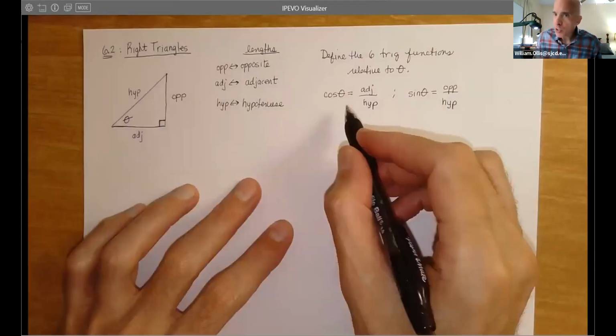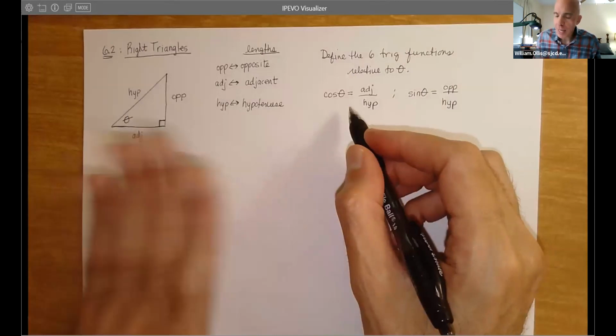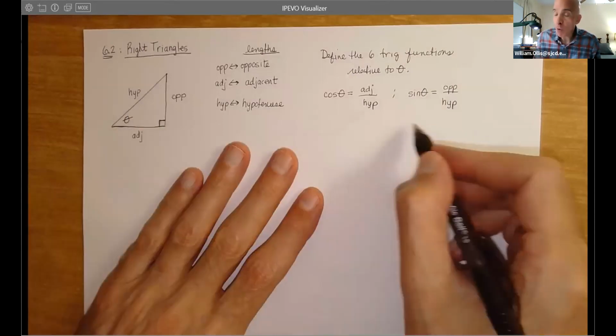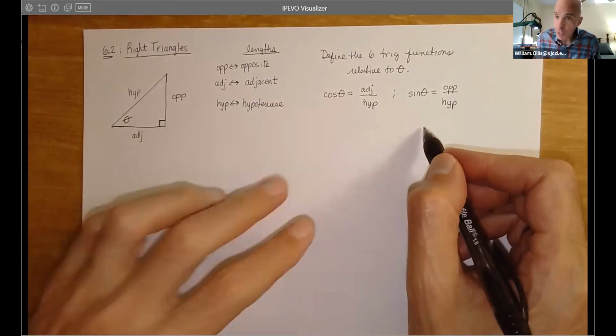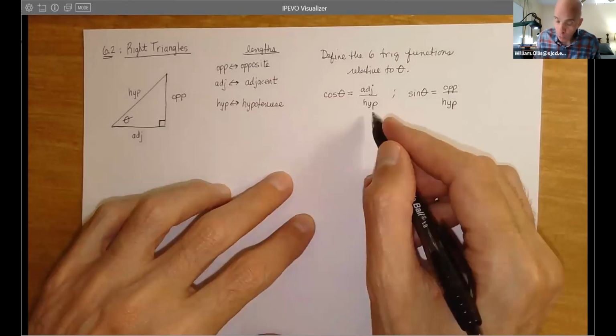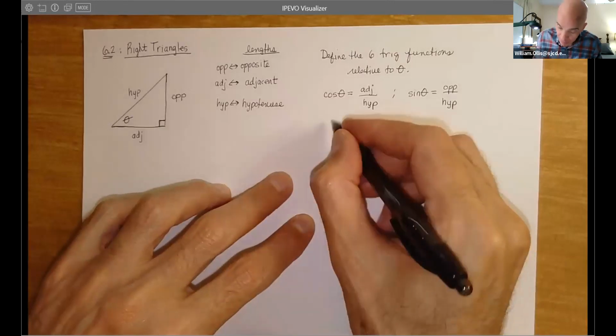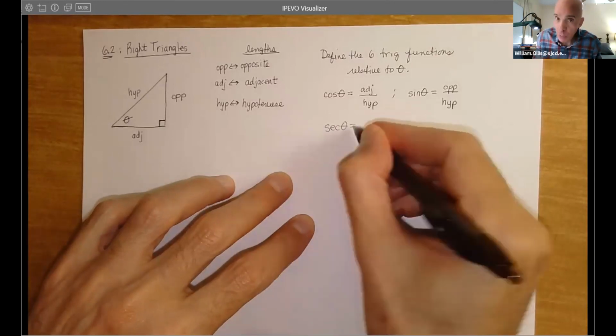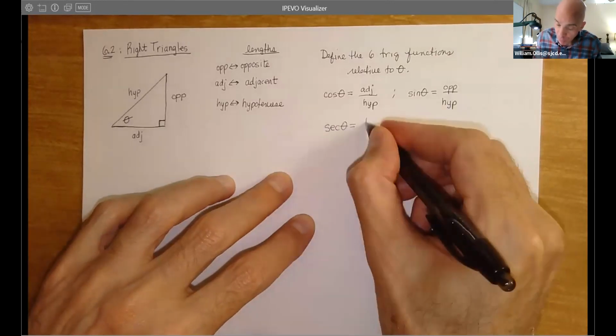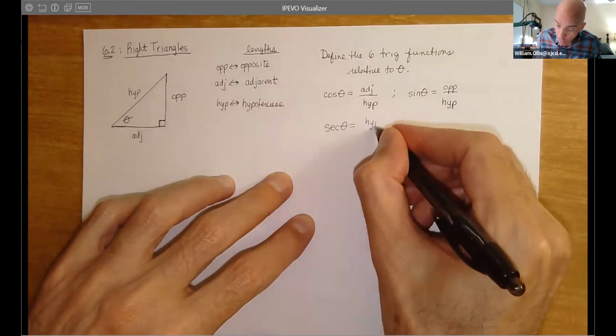Now, to cheat a little bit, we're going to define the remaining 4 based on how we did the definitions in the unit circle. So we're going to think of secant as being the reciprocal of cosine. So we're going to say secant theta will be the reciprocal of this. So this will be hypotenuse over adjacent.